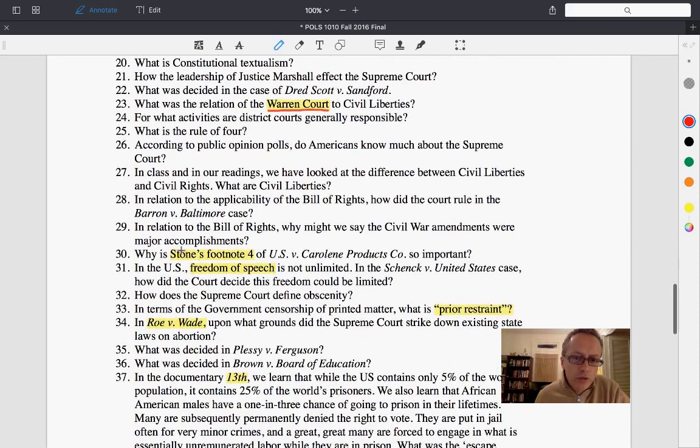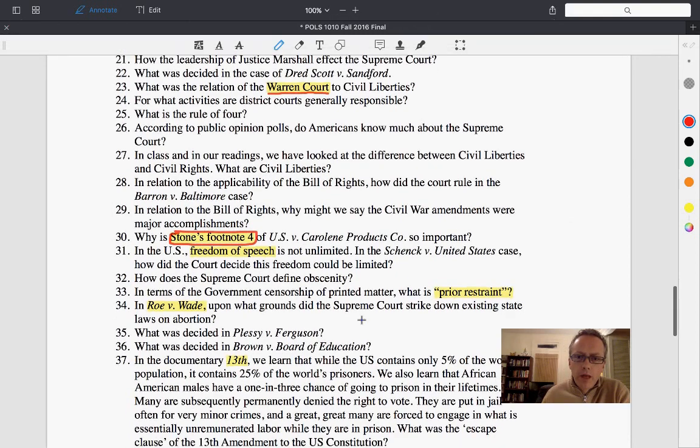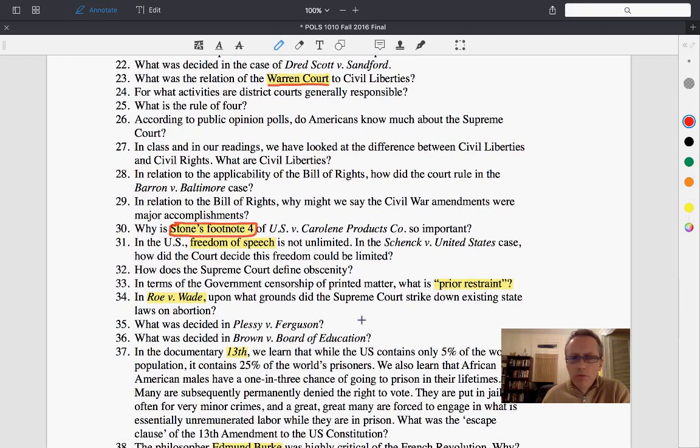Moving along to Stone's footnote 4, an interesting case for us. This is where the court in U.S. versus Carolene Products Company started to argue that the federal government could regulate the passage of civil liberties. On the strength of these kinds of cases, it was a reversal.